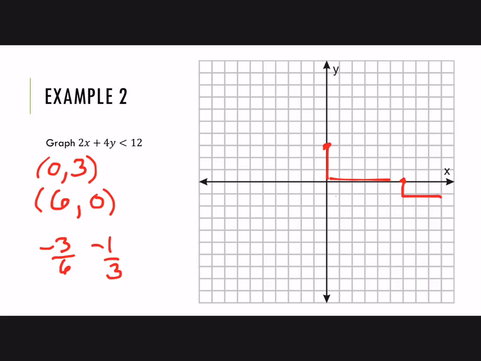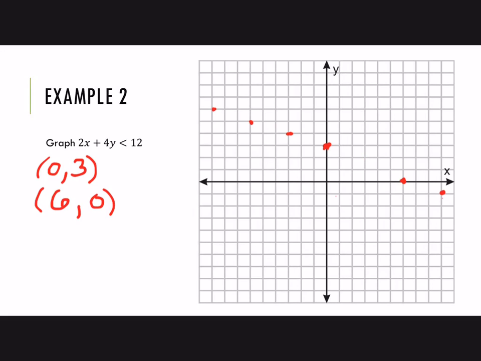Let me find a few other points on this line. I'm going to go down 1 over 3. Oops, or I could go up 1, back 3. And here's a few more.